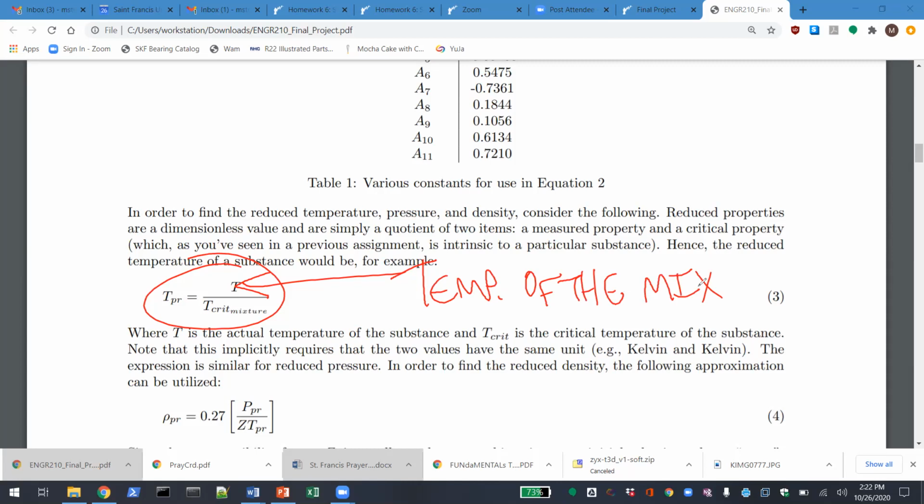That's like an input. But you also need to know the critical temperature of the mixture itself. That one's not an input. It's because you have some combination of gases. No one has written down what the critical temperature for an arbitrary combination of hydrocarbons is. So you have to compute that.